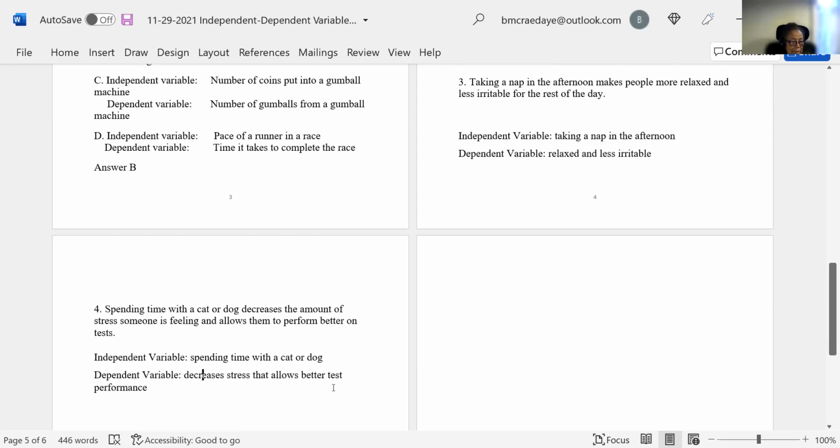Decreases stress that allows better test performance. So the dependent variable, decreasing the stress that allows better test performance, is affected by the time spent with a cat or a dog.